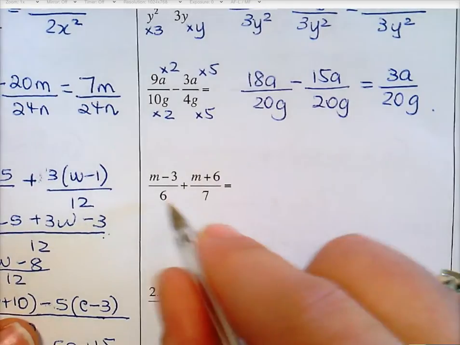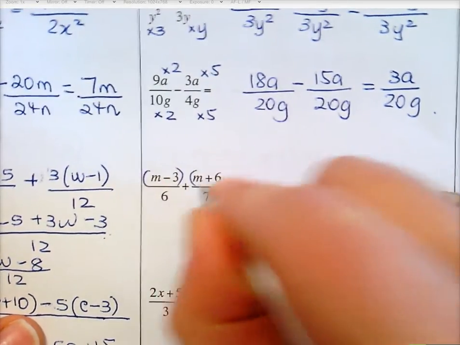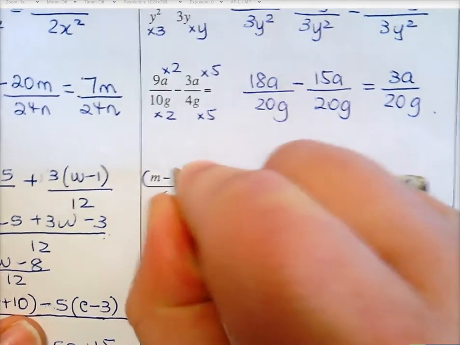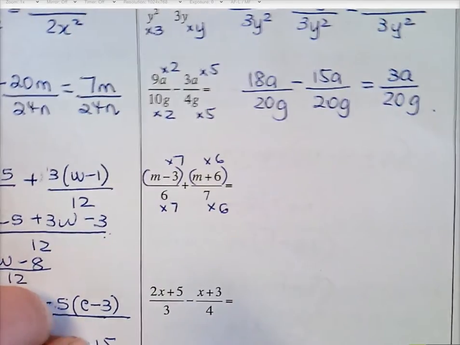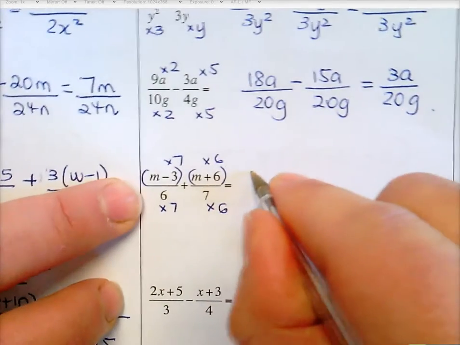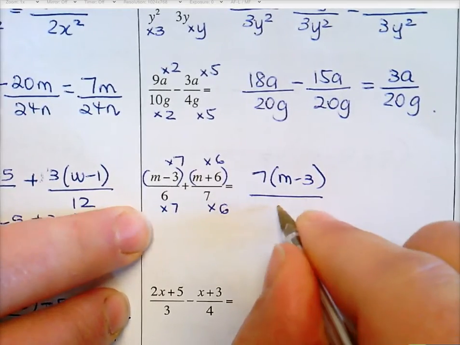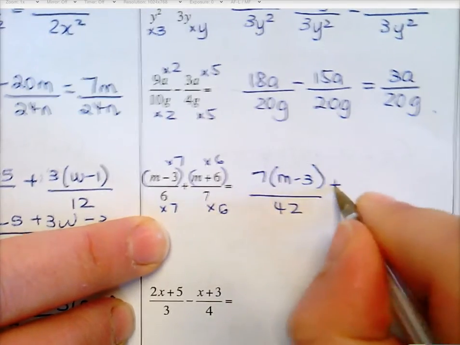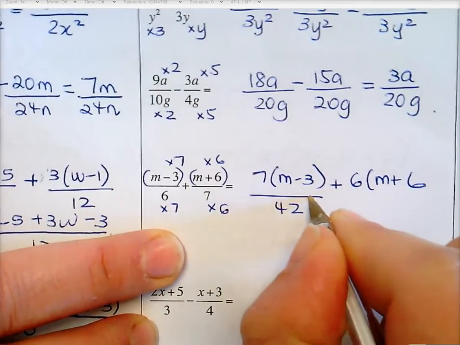Okay, the denominator here, 6 times 7 is 42. So we'll be multiplying the first fraction by 7, and the second fraction gets multiplied by the 6. So we've got 7 bracket m minus 3 over 6 times 7 is 42, plus 6 bracket m plus 6 over 42 as well.